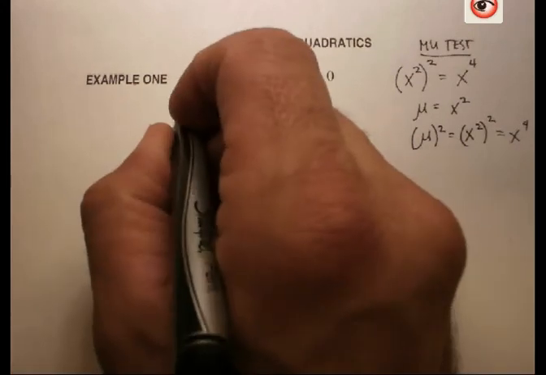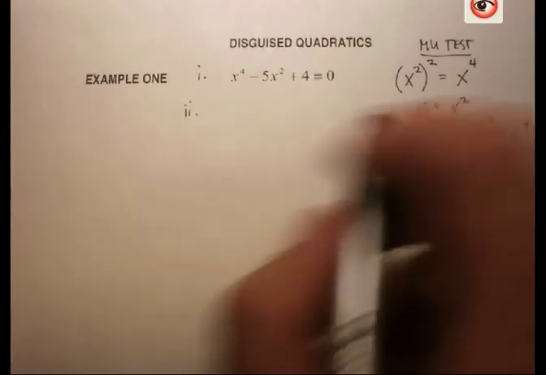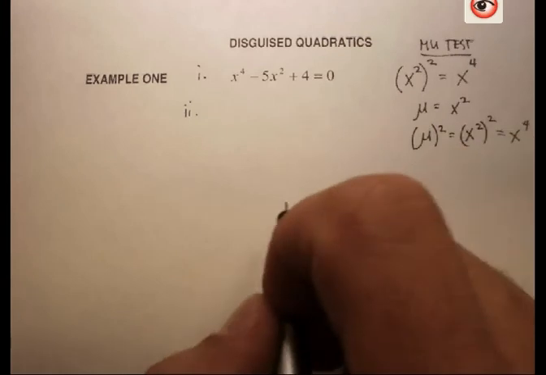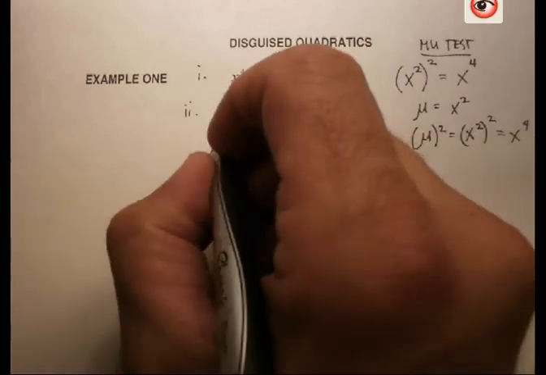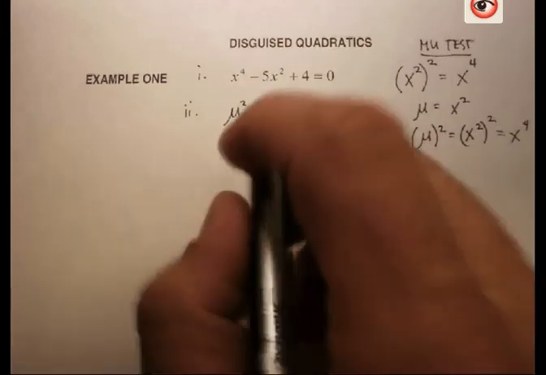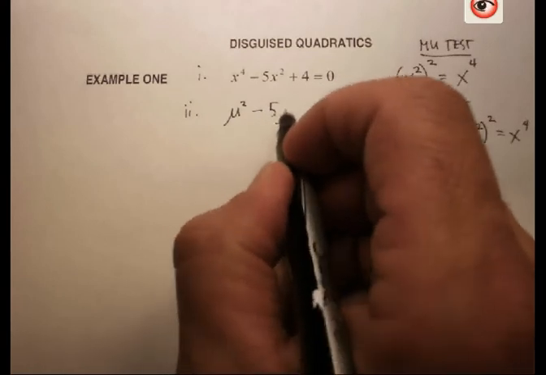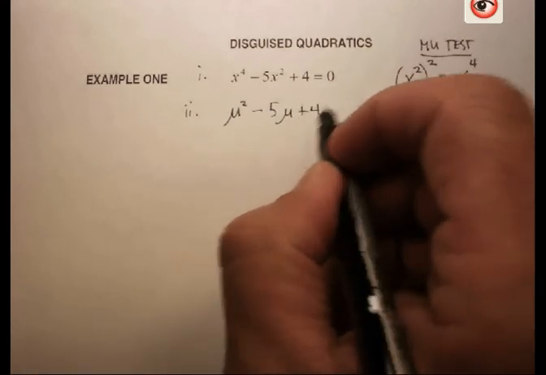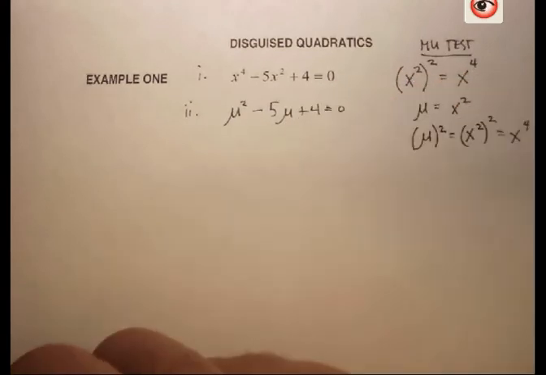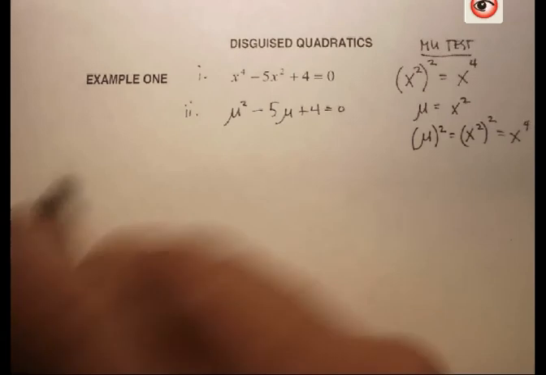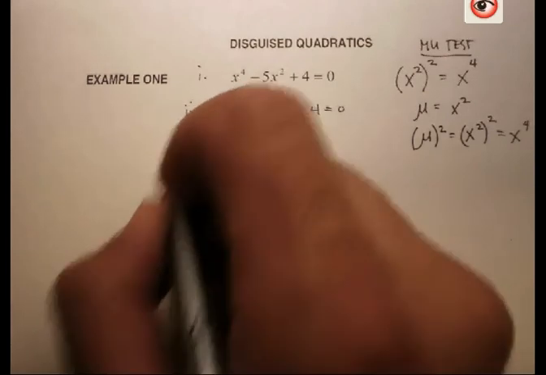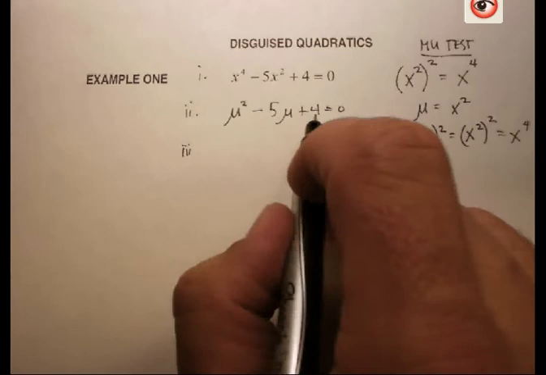Now in my second step, I'm going to rewrite everything using the mu. So what I've got here is mu squared minus 5 mu plus 4 equals 0. This is easier to see than the original one.